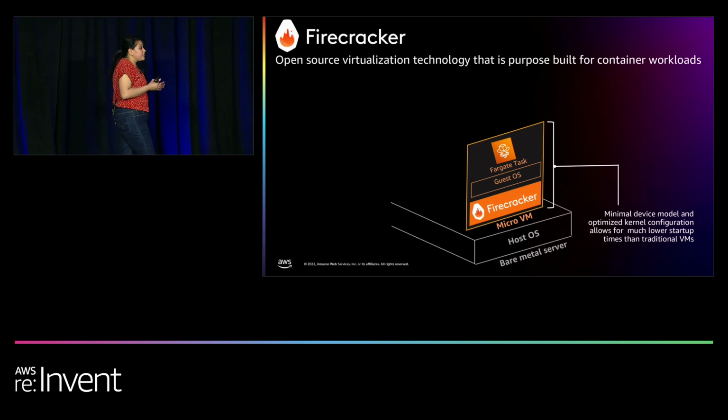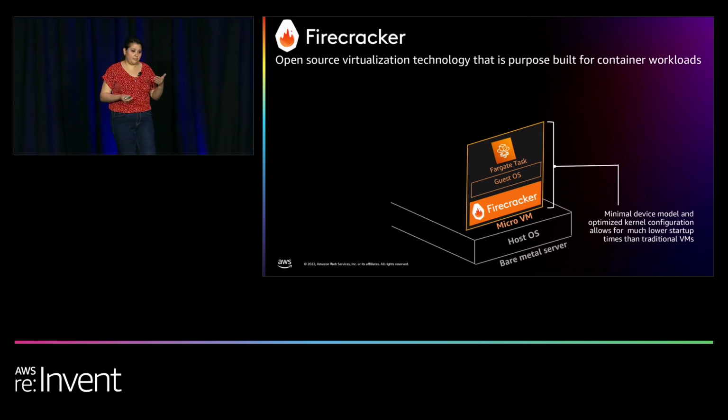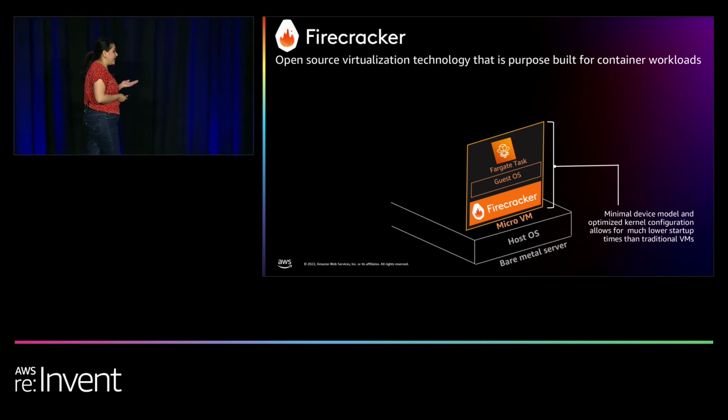And these are devices that, especially for abstracted workloads like containers and functions in the cloud, a lot of them aren't used, so we could safely pare that down to gain advantages on startup times. So with these Firecracker micro VMs, we were able to go from traditional VM bootstrap time, which is probably tens of seconds, if not minutes, to basically sub-second bootstrap time.